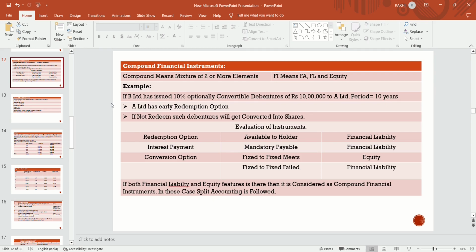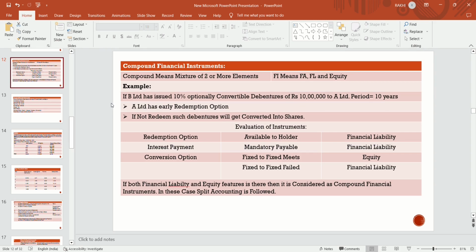In optionally convertible debentures, if in the books of the issuer it becomes both a financial liability and equity, then it will be treated as a compound financial instrument. If both financial liability and equity features are there in a single instrument, then it should be considered a compound financial instrument.